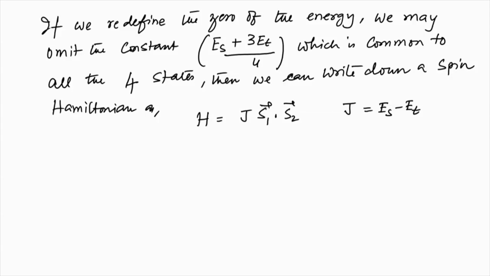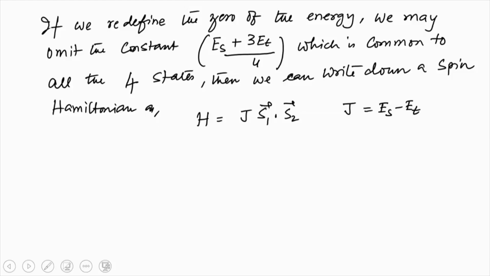Here of course, we have the singlet energy to be lower, which is equal to minus 3/4 h cross square, and E_t being 1/4 h cross square. So, J will be negative.